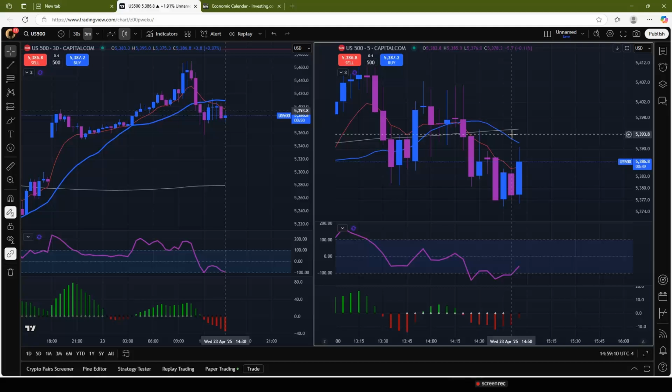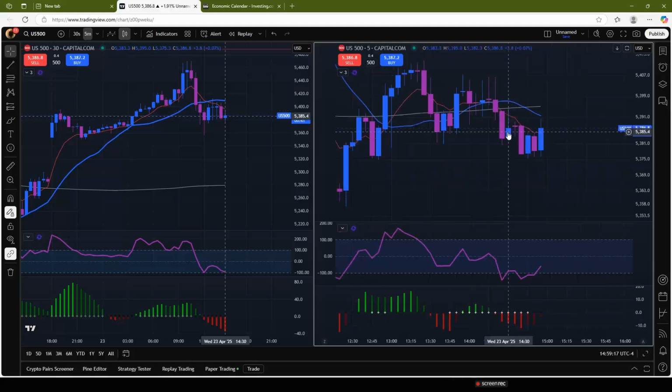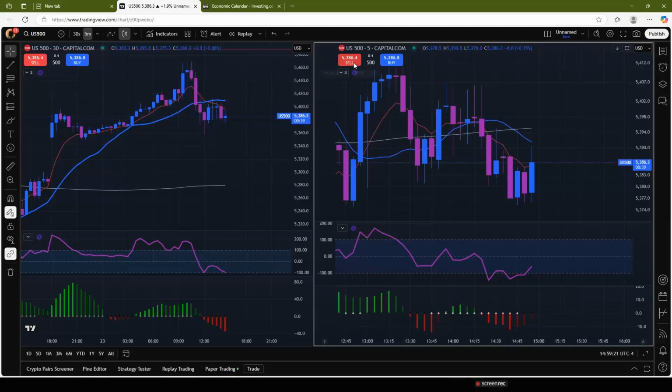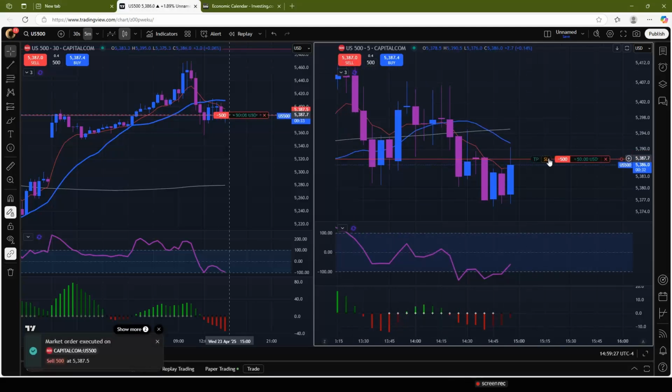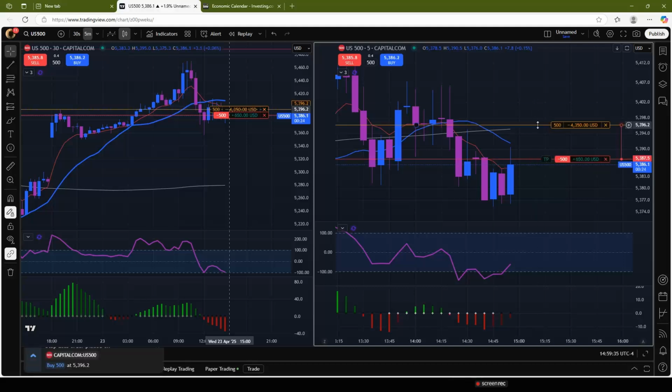Now, this is one indication that the bears are definitely stepping in. All right, so if I were to trade this market, I would enter, for example, in this area, and I would put my stop loss right above the 20, above the structure.